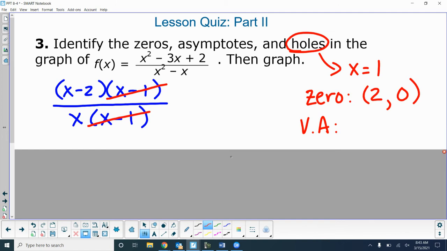What makes the denominator 0? Got rid of the x minus 1. So what's the other variable? Yeah, x. What makes x 0 is 0, right? Which is the y-axis.